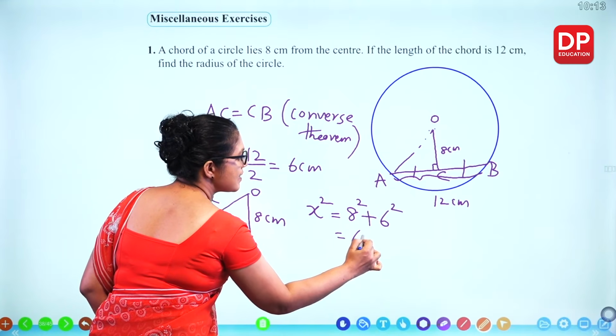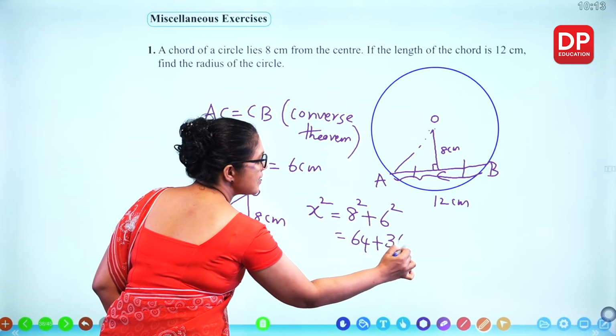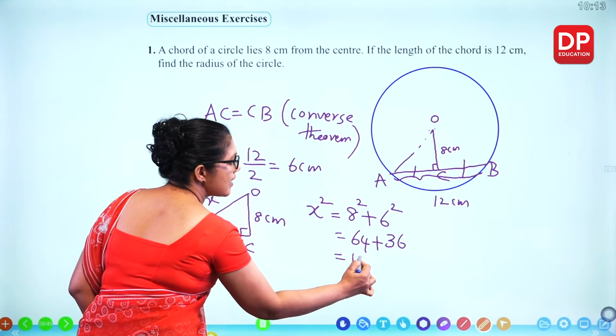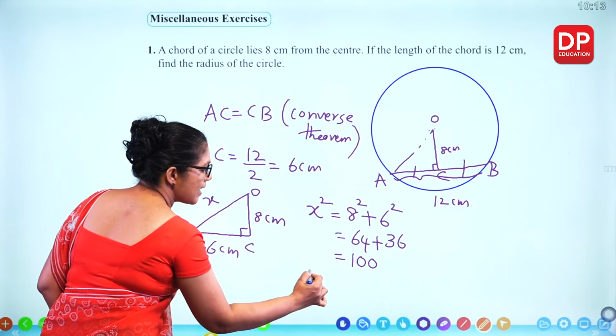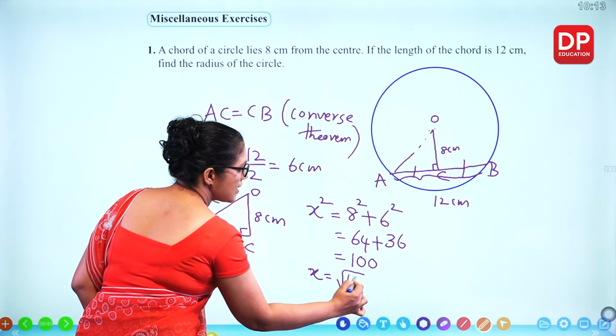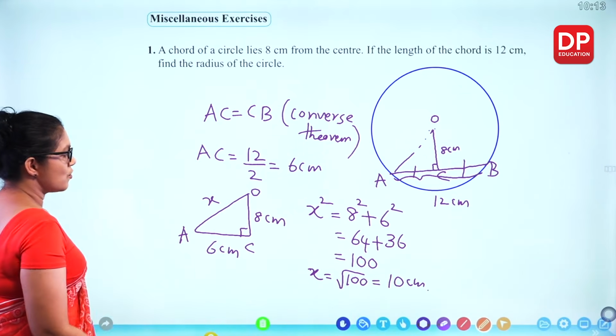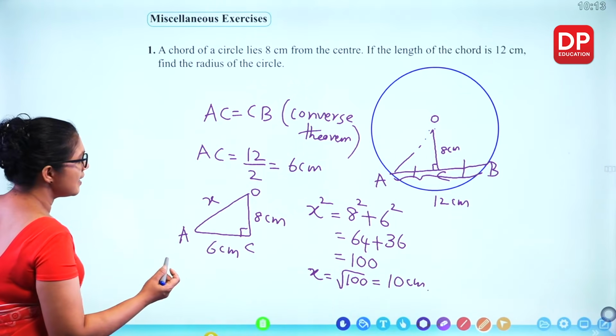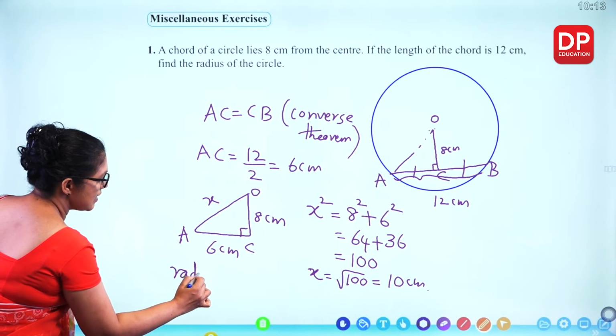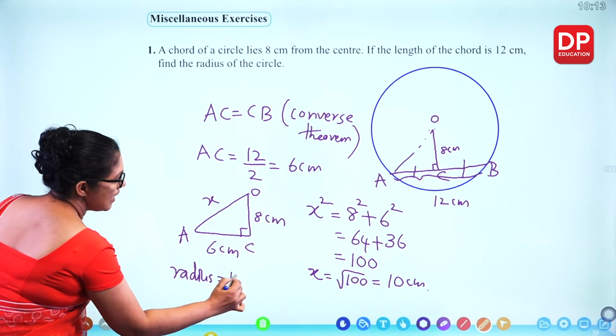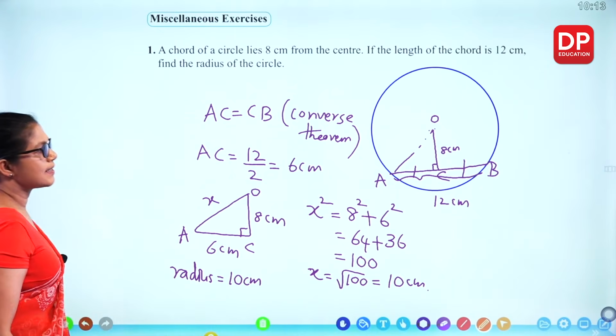So 8 squared is 64, 6 squared is 36, and when you take the square root of that sum, you get 10 centimeters. So the radius is 10 centimeters.